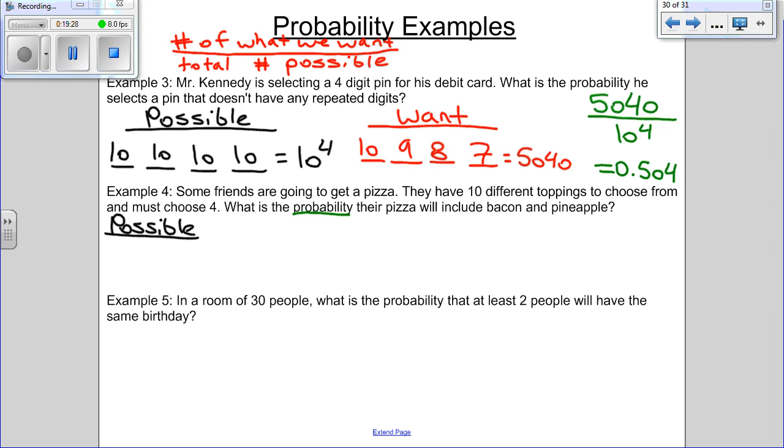So it's a combination, because order doesn't matter. So I got 10 toppings. I choose 4 toppings for the pizza. And that'll tell me how many things are possible. 210. That's how many possible combinations for pizza there are.